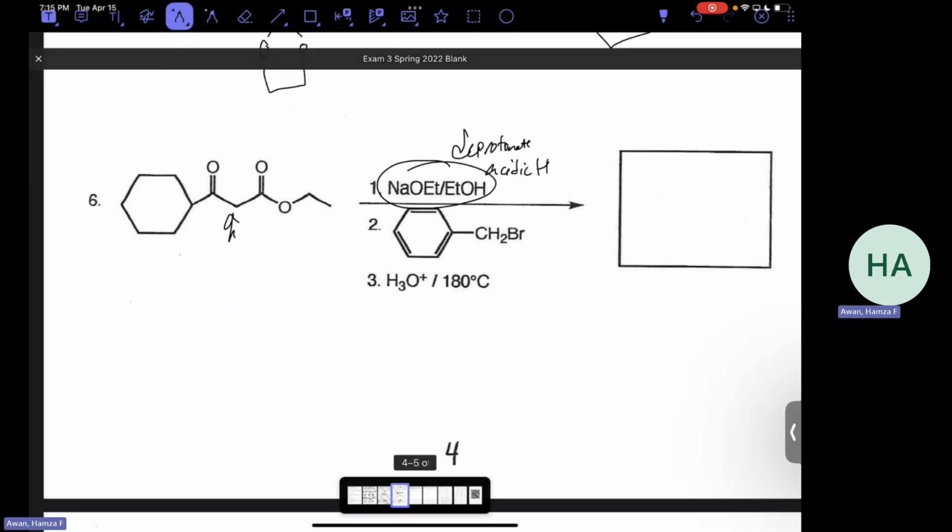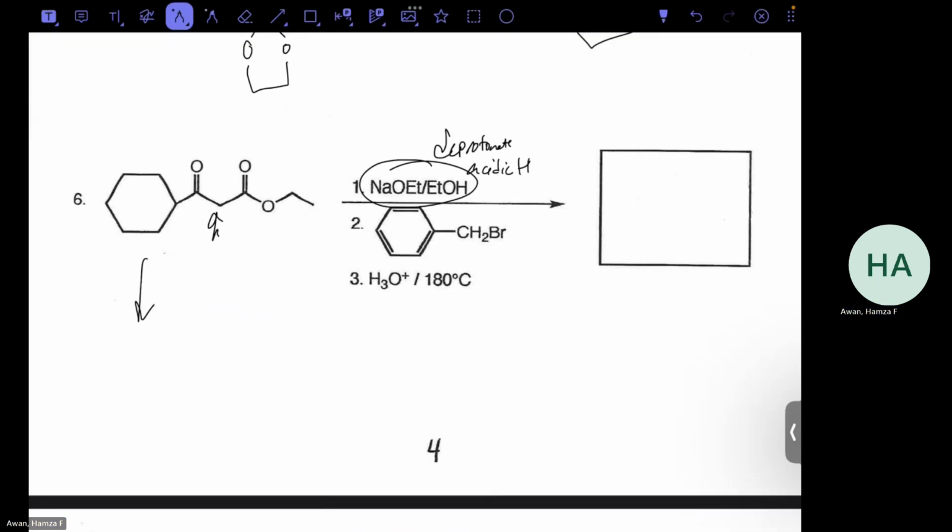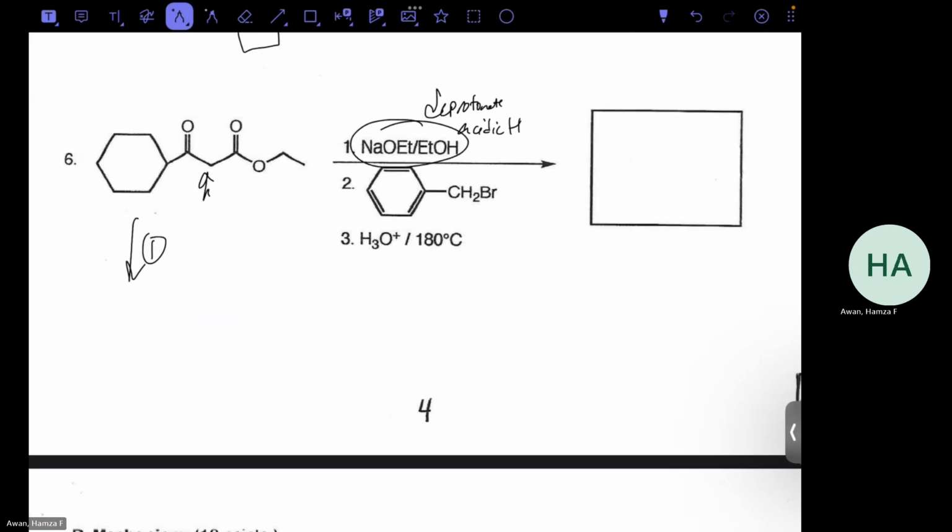So first step, it's not going to change the structure at all. We'll still use the same thing that we have, it's just that now we have a minus charge on this middle carbon.